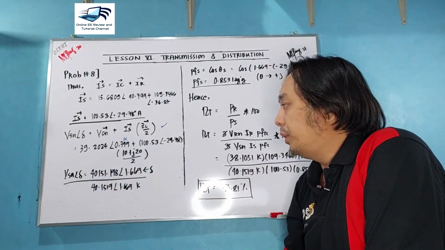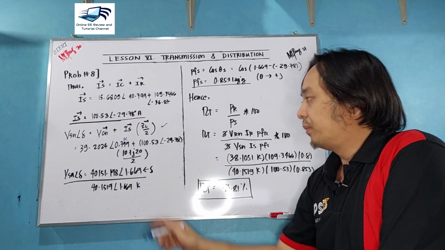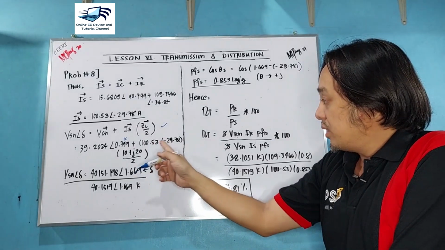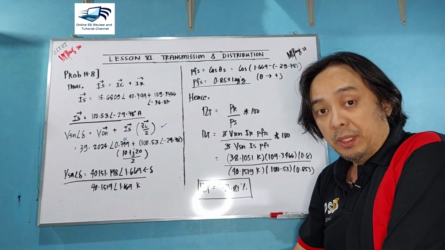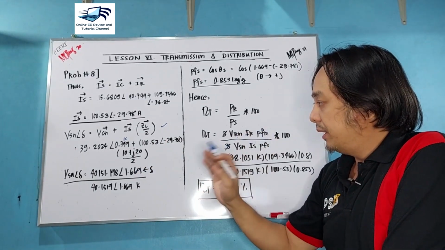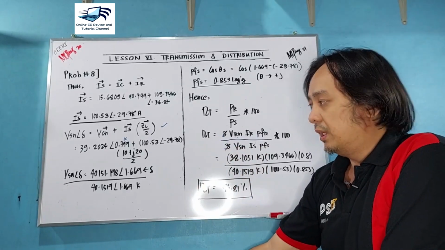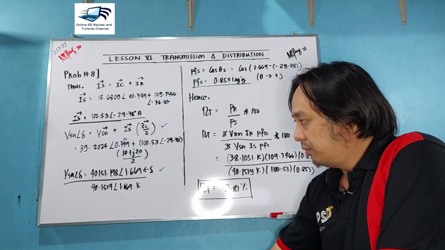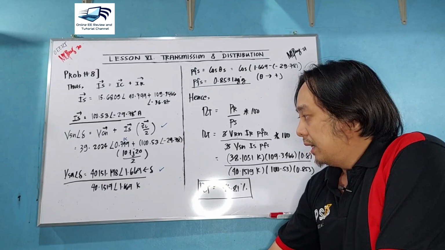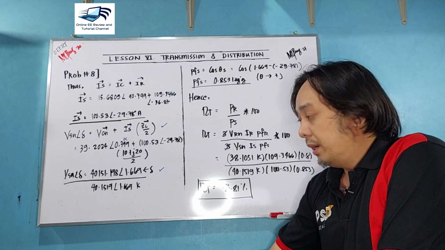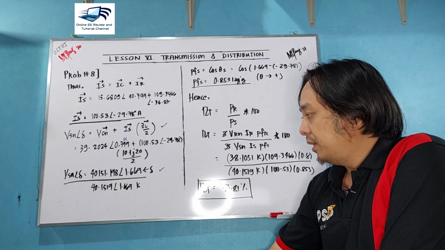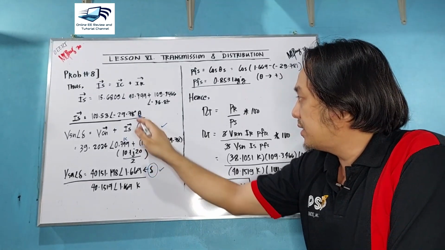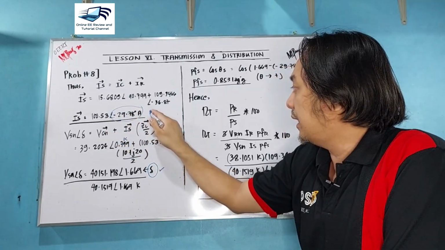So you have 39.2024 kV ∠ 0.799 because this is kilovolt, then plus 100.53 ∠ -29.78 multiplied by 10 plus j20 all over 2. Now, if we do that, we have this answer for the VSN ∠ alpha as 40.1519 ∠ 1.699 kilovolt.